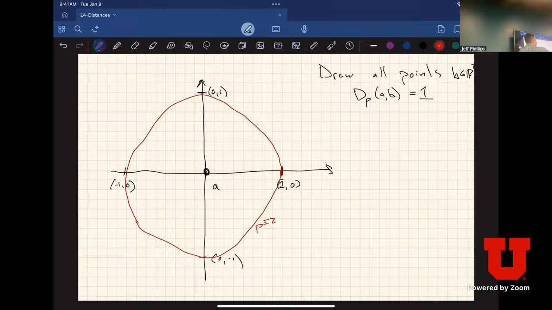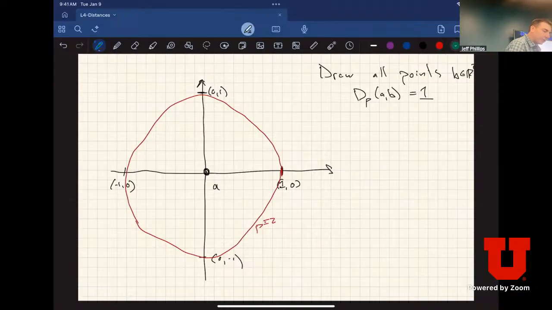So the straight line distance is 1 in each of these directions. I can hold a piece of string and pin it here, and these are all the points where the string is a distance 1 away. This kind of makes sense here, hopefully. It goes through these 4 points.